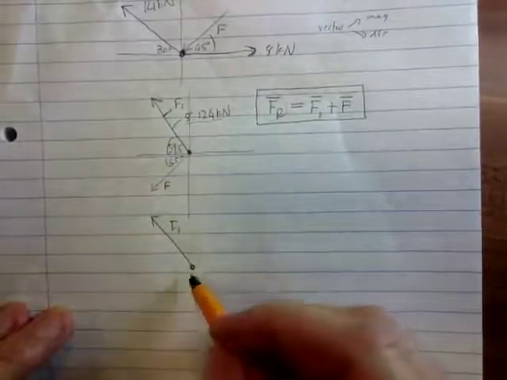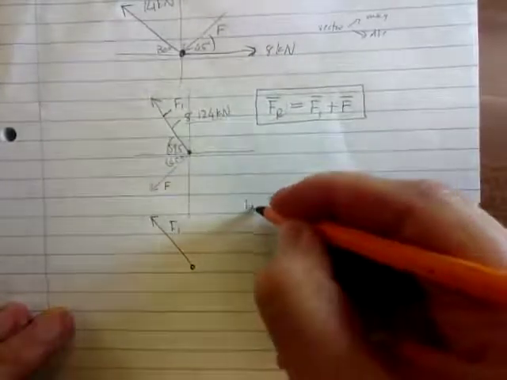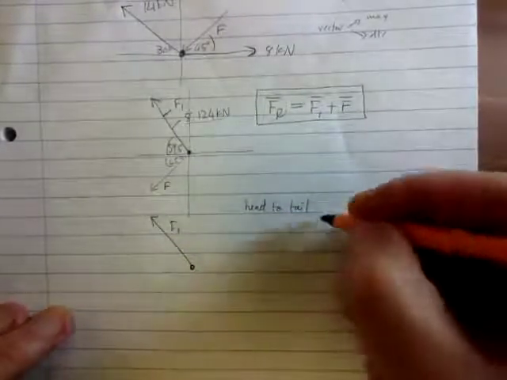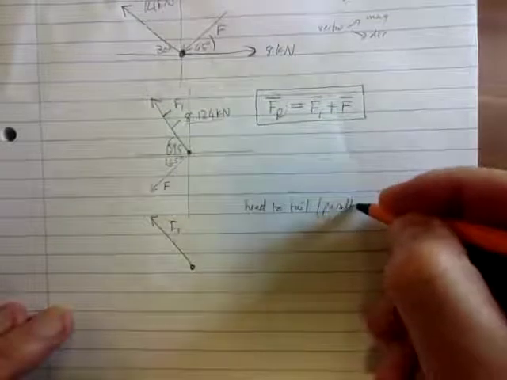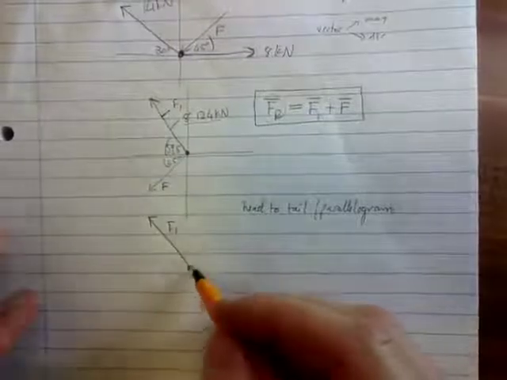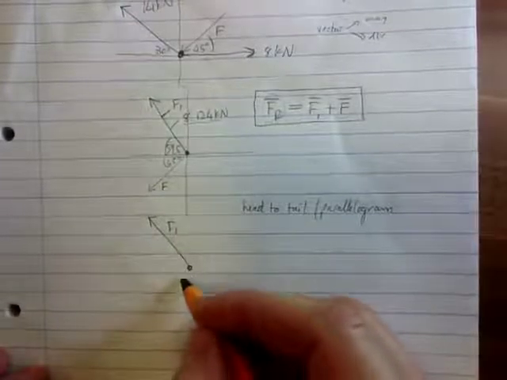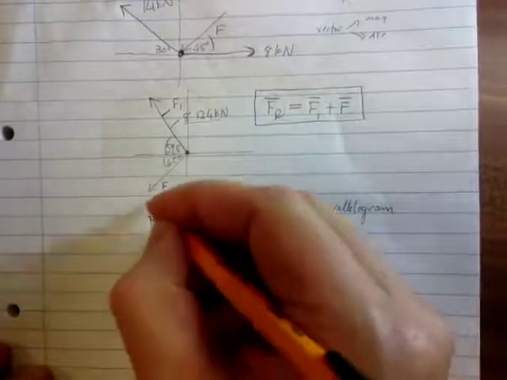And I'm going to now use the head to tail method. Head to tail is the same as the parallelogram. But instead of drawing it like this and then using the parallelogram method, I'm just going to take this force and place it there, head to tail.